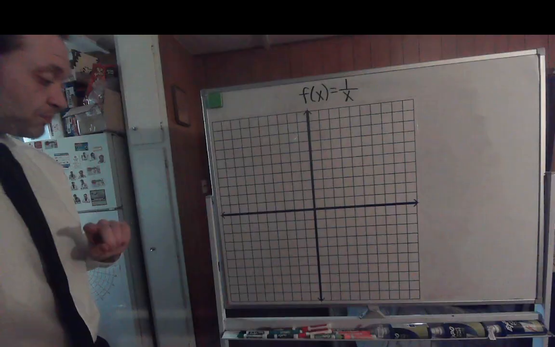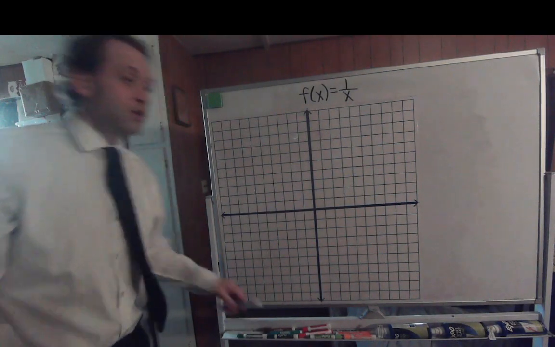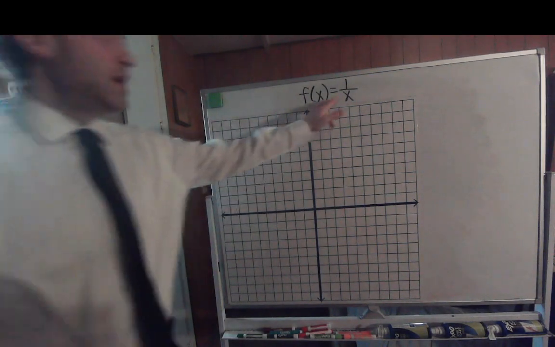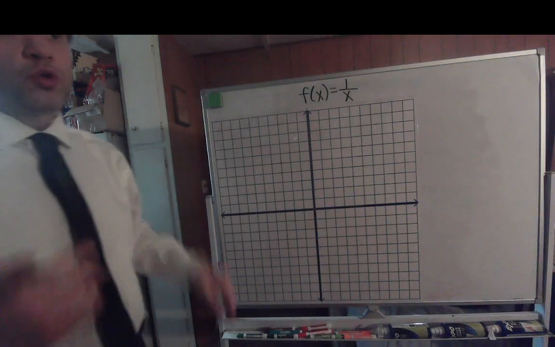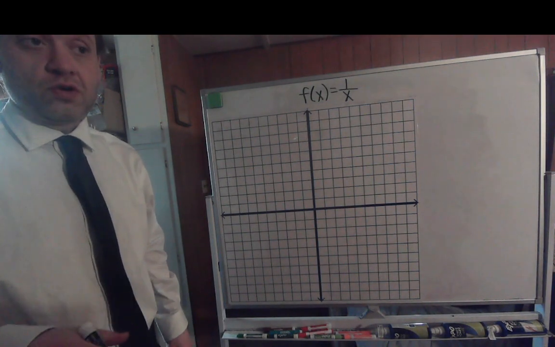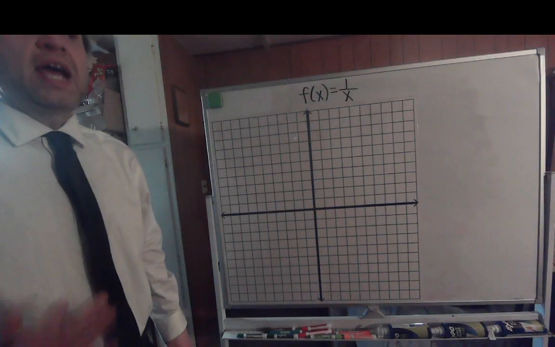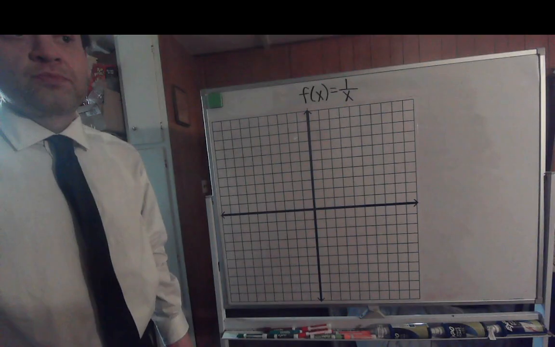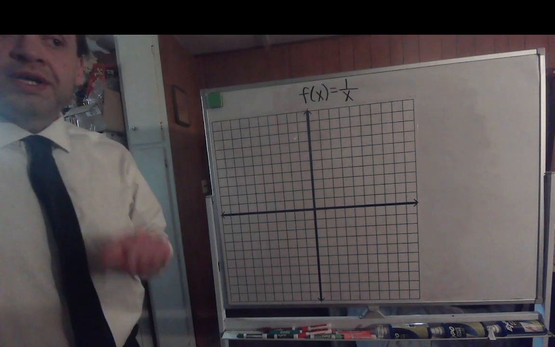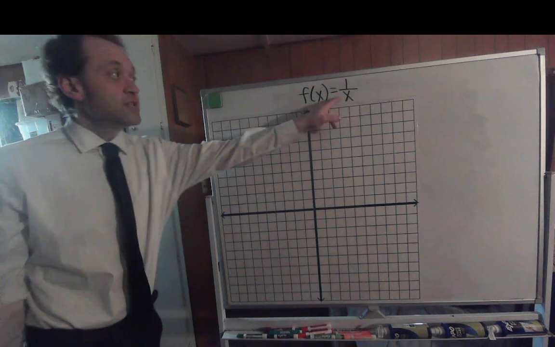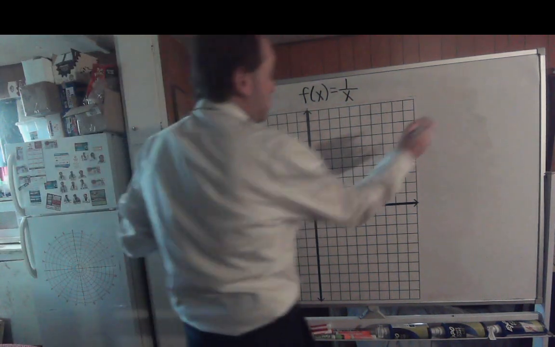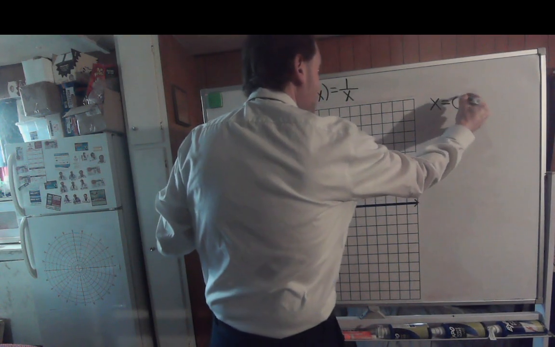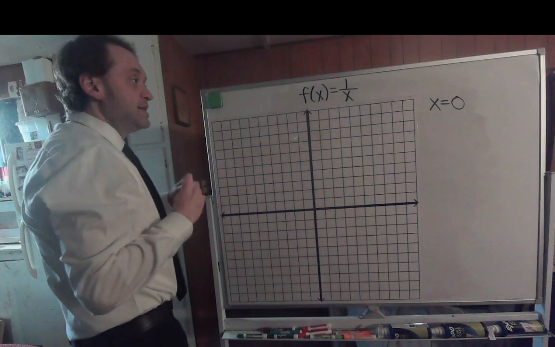So, what we have to consider is one thing. When you look at 1 divided by x, what is true of a fraction in general? You cannot have a denominator value equal to 0, right? First thing you always want to do is take your denominator, set it equal to 0. In this case, your denominator is x, so take that x equal to 0. So what is x equals 0?